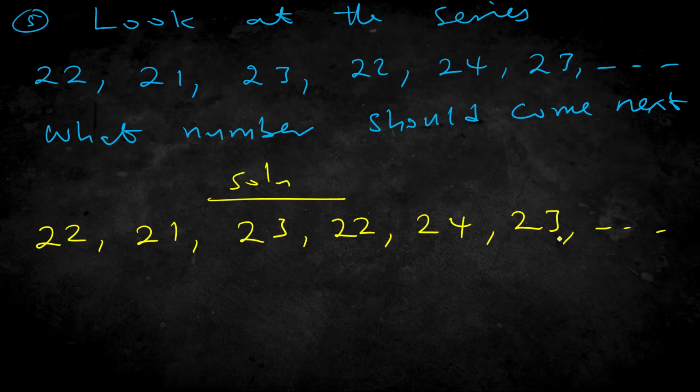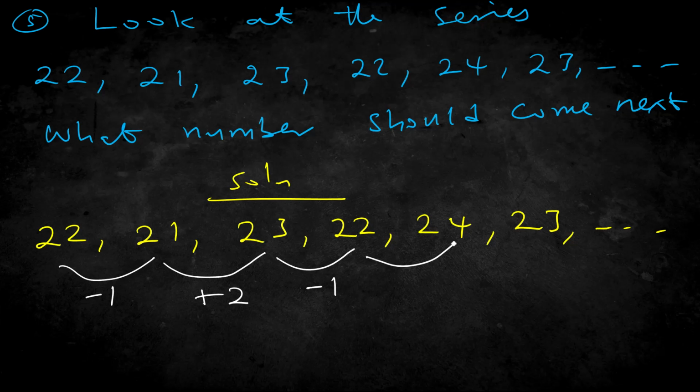So let's look at the first two. 22 to 21, it's down by 1, so minus 1. Now let's check this. 21 to 23, we have plus 2. 23 to 22, we are down by 1.